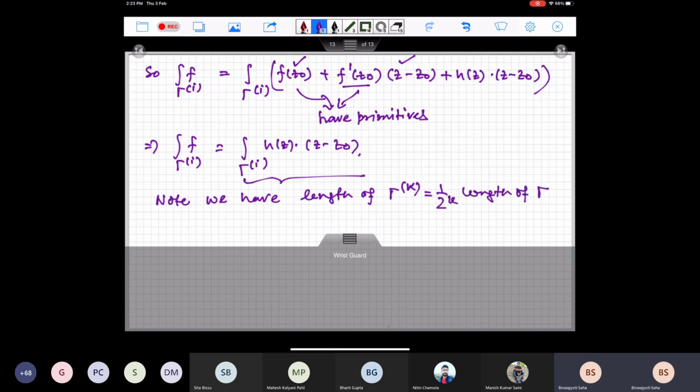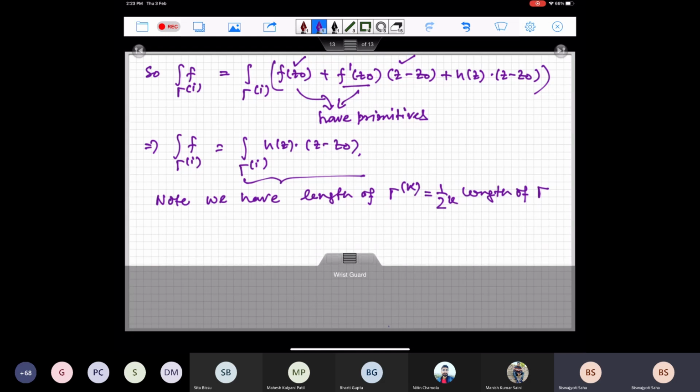That's the first thing that we notice. And similarly, the diameter of r k is 1 upon 2 power k times the diameter of r1.